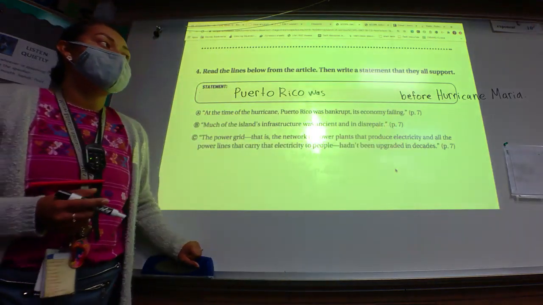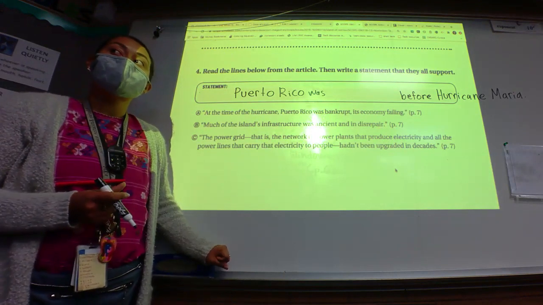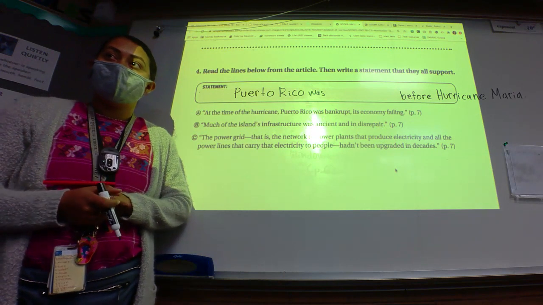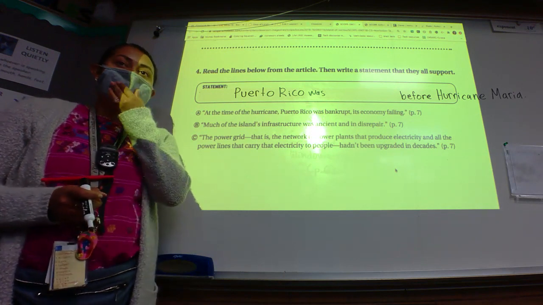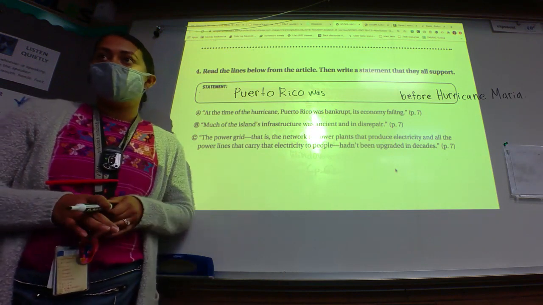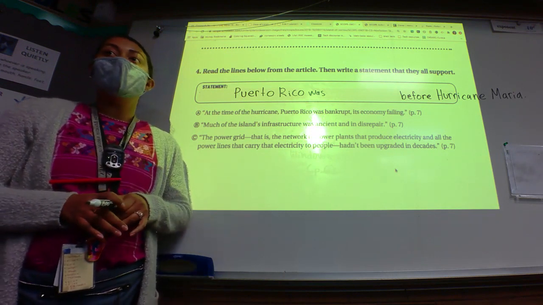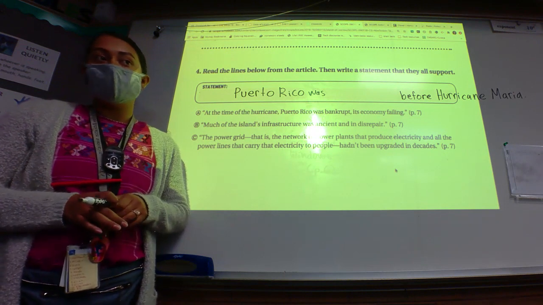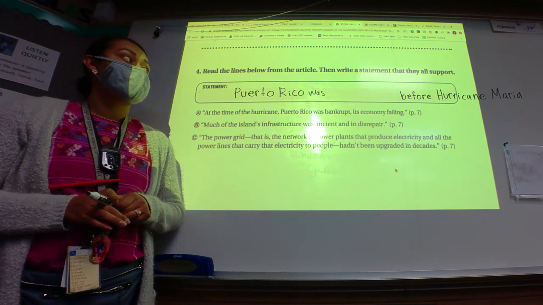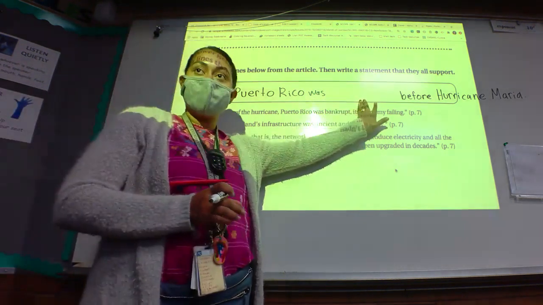So Puerto Rico was blank before Hurricane Maria. What do you think? So not beautiful. So what's another word that's opposite of beautiful? Ugly. It was ugly. So let's think of a different word. Horrible. Puerto Rico was horrible before Hurricane Maria.